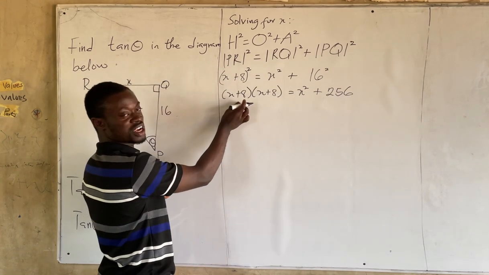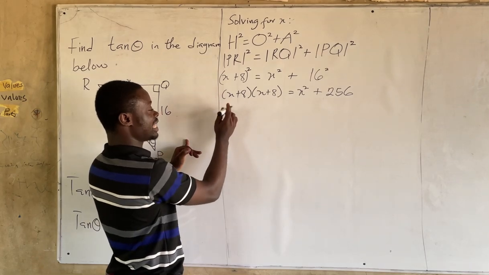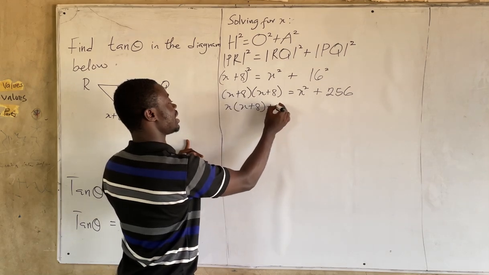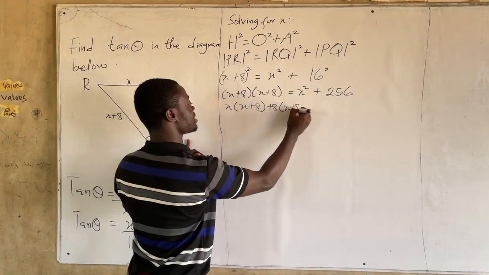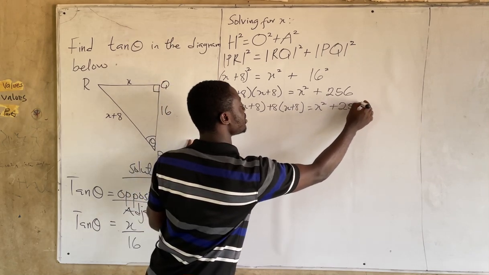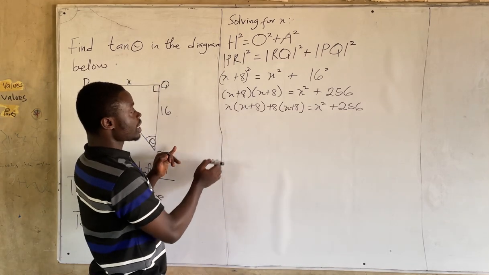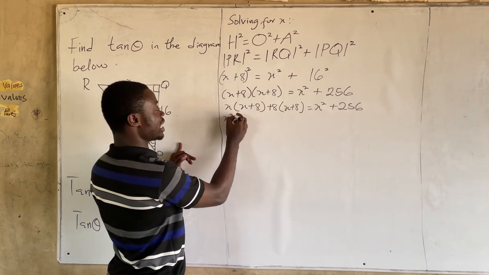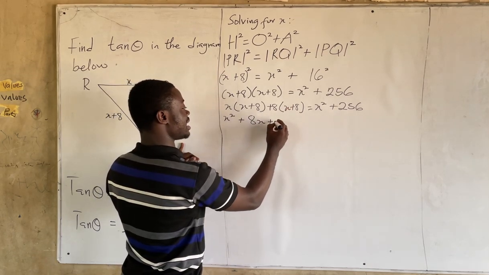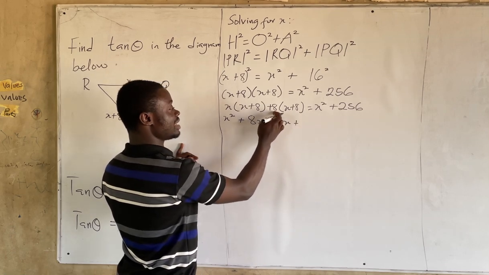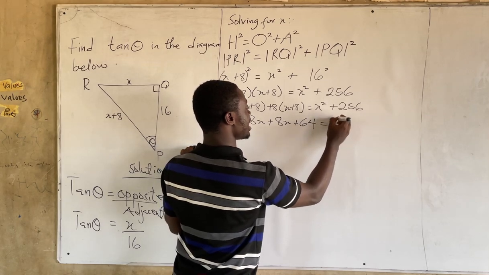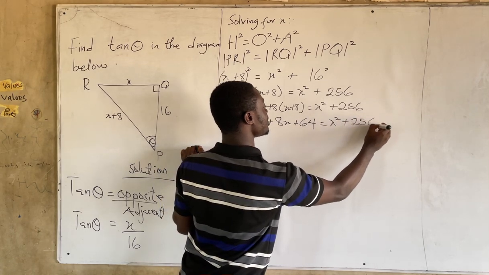Now let's solve it. Let's use those in the first bracket to multiply those in the second bracket. So x out, multiply the second bracket, x plus 8, and then plus 8 out, multiply the second bracket, x plus 8, equal to x squared plus 256. So x times x gives us x squared, plus x times 8, that is 8x, plus 8 times x, that is 8x, plus 8 times 8, which is 64, equal to x squared plus 256.